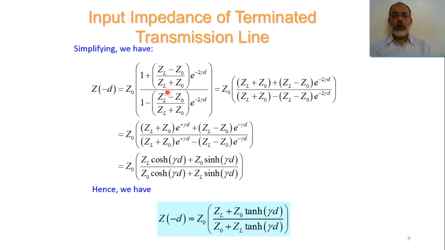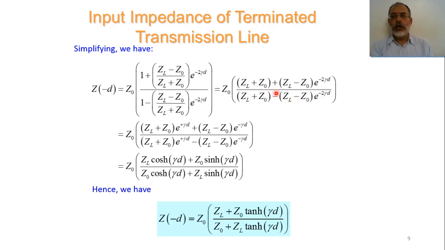So, by multiplying both the numerator and denominator by Z load plus Z naught, it would be Z naught multiplied by Z load plus Z naught plus Z load minus Z naught e to the power minus 2 gamma d, over the same expression but with a negative sign.